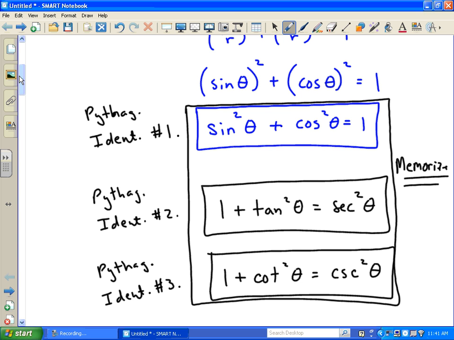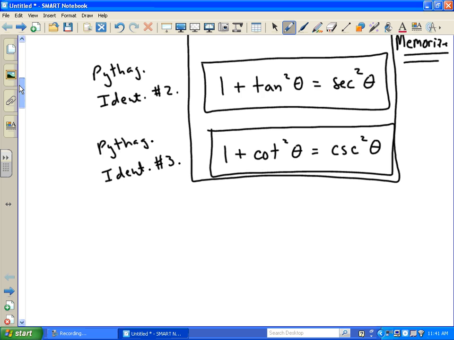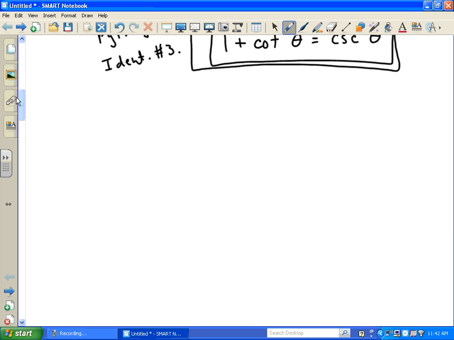In other words, if I see a part of a problem and it says 1 plus tangent, and the tangent is not squared, then it's not equivalent to secant squared. The only way these identities work is if my trig functions are squared. I would like to do several problems involving these 3 identities.